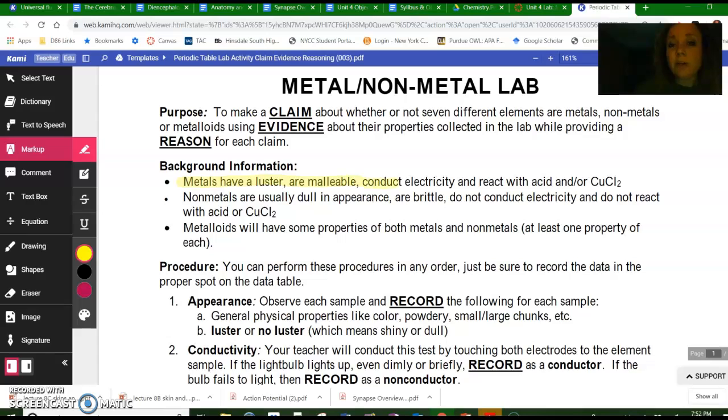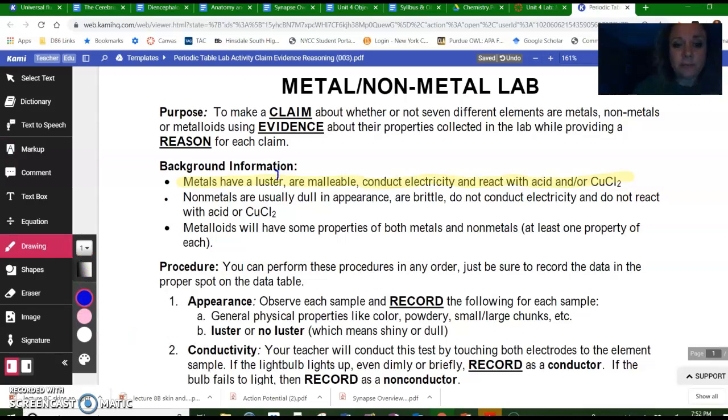They are malleable, conduct electricity, and they react with acid and or copper chloride. The acid that you used was hydrochloric acid, and that was a clear fluid, while the copper chloride was a blue colored fluid. When we say that metals have luster, what we're saying is that they are shiny.